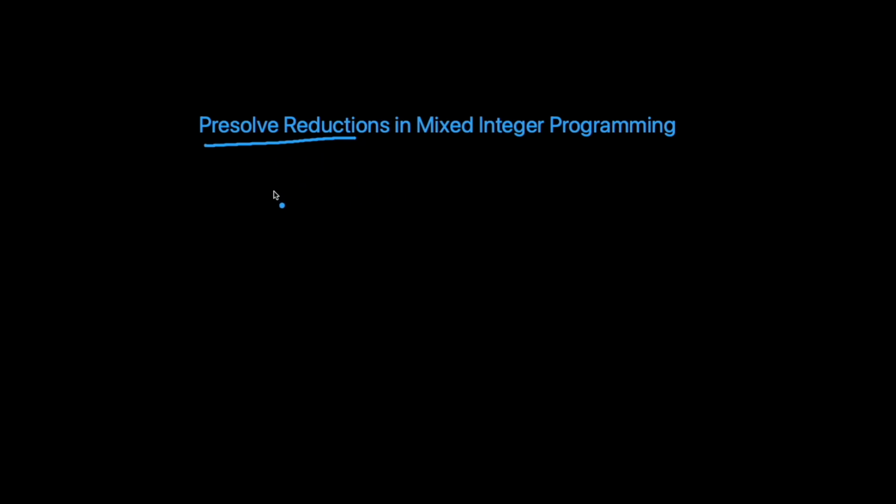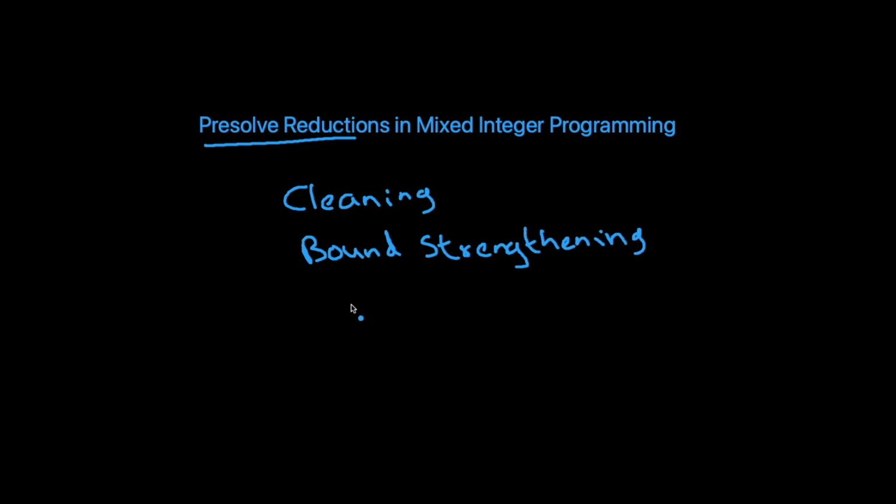In the first part, we covered a few basic things, right? We are looking at one constraint at a time reductions, and we covered some basic cleaning, bound strengthening, and coefficient strengthening.